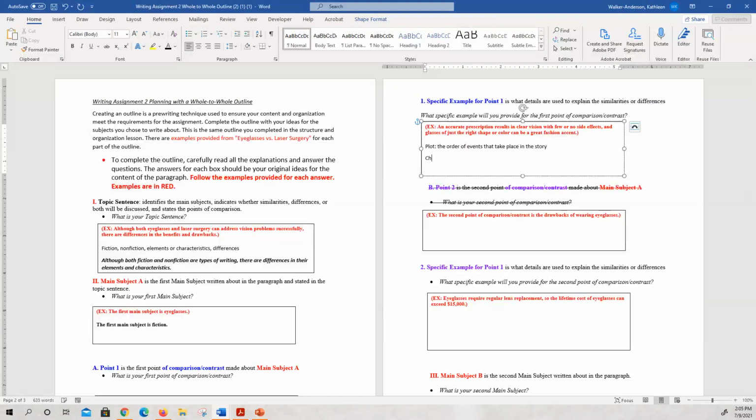And then I'm going to do characters. So I'm going to define each of these. So characters are people that are the focus of the story.